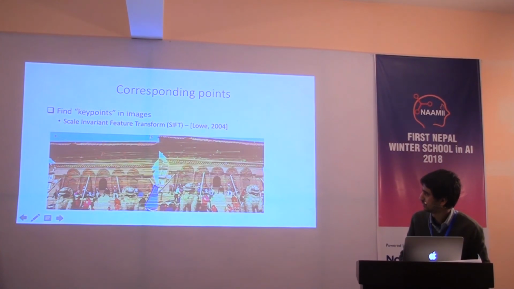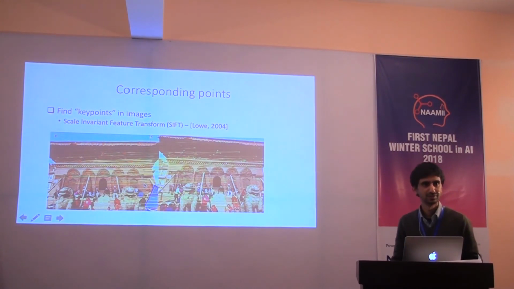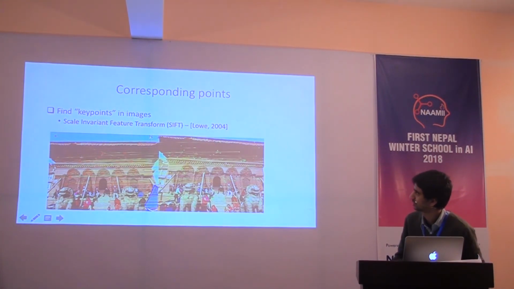But some of these points you see, like this one, is getting matched to nowhere here, right? And this point is similarly going to a very wrong correspondence. So do you agree that this is wrong? So these points are wrong, but most of the points are correctly matched between these two images.